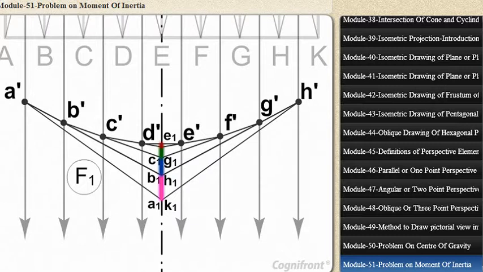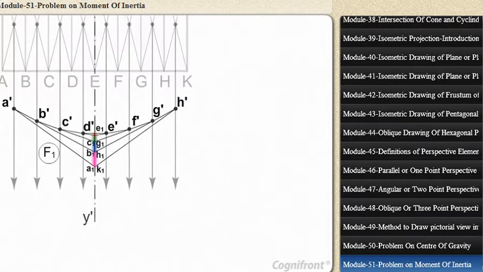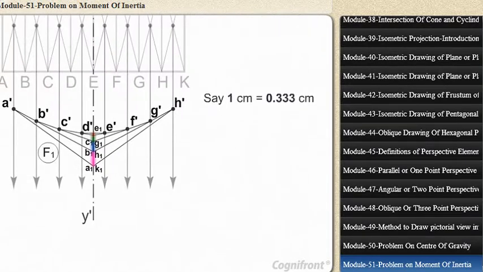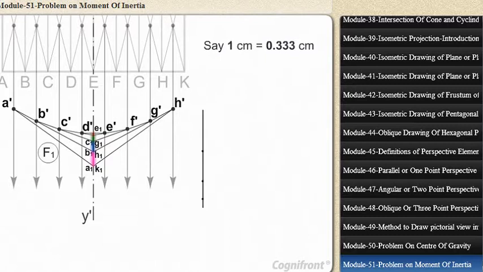Assuming these intercepts to be forces, and selecting a convenient scale, say 1 cm equals 0.333 centimeters, draw the second load line. While drawing this line, it should be noted that the intercepts for the strips on one side of the axis should be drawn in one direction, while those for the strips on the other side of the axis should be drawn in the opposite direction.